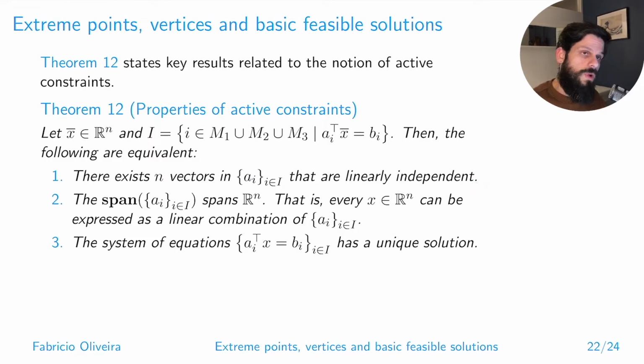So once you look at what constraints are active, there are going to be n of these constraints in Rn. When I look at the normal vectors to the hyperplanes forming the boundary, these vectors are going to be linearly independent, which is a condition that is necessary to form a point in R2, for example, or a point in R3. You need 3 constraints to match.